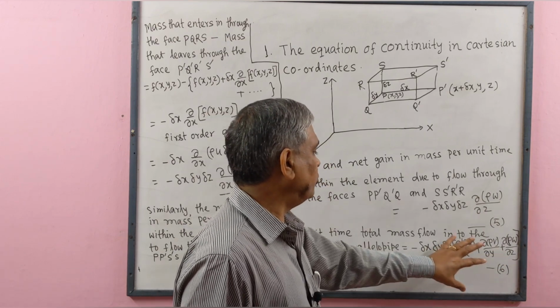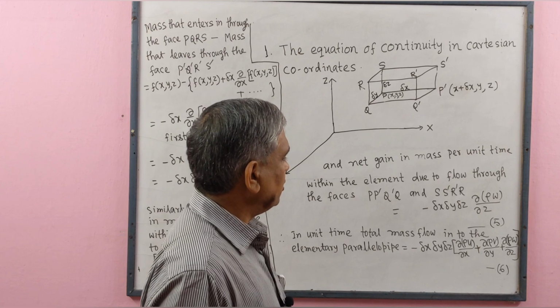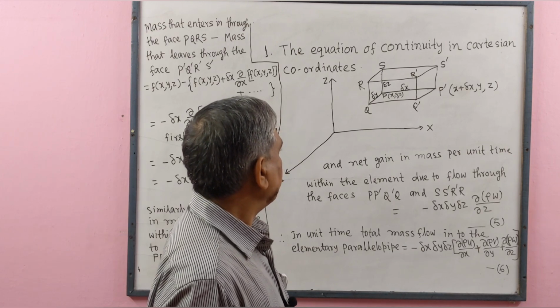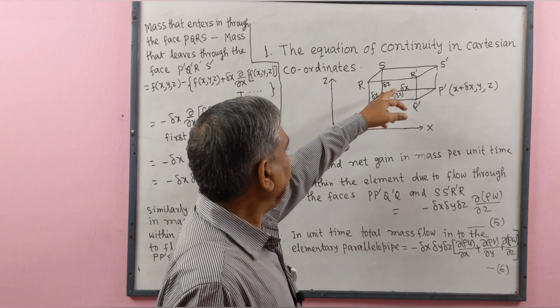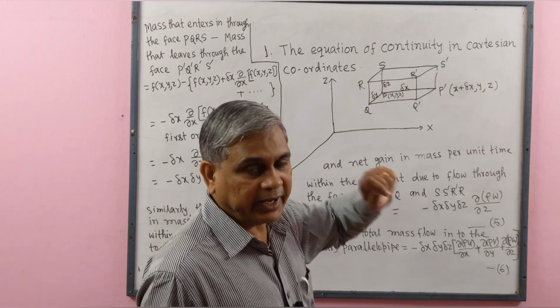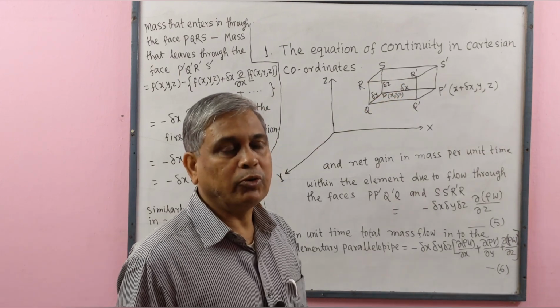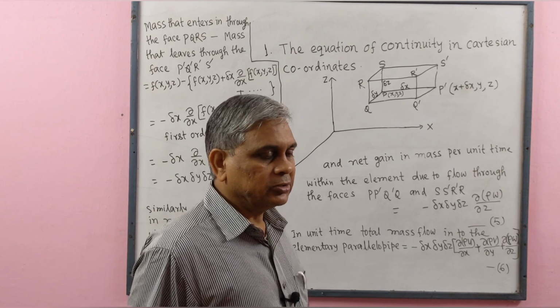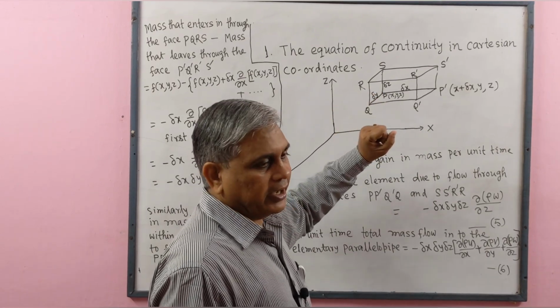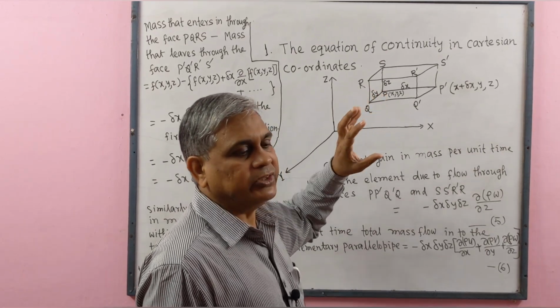This is the amount of the fluid that remains inside the parallel pipe in unit time due to flow from the x direction, y direction and z direction.